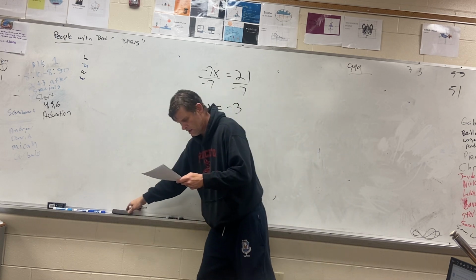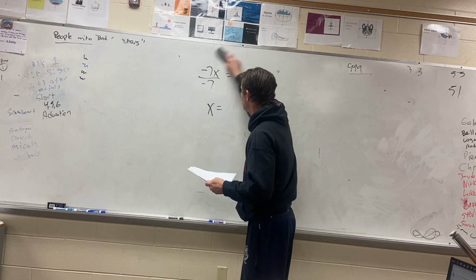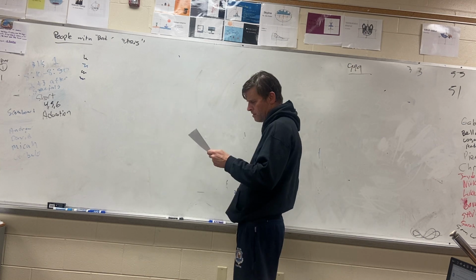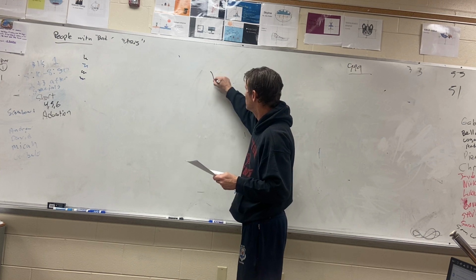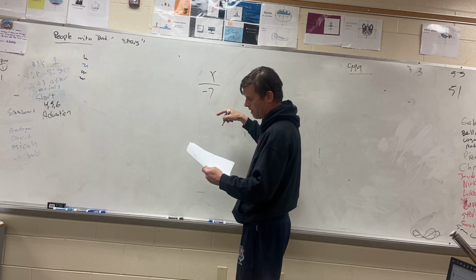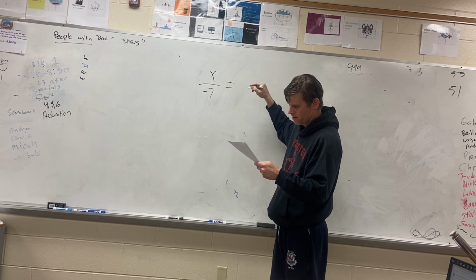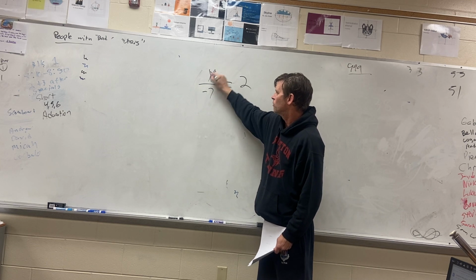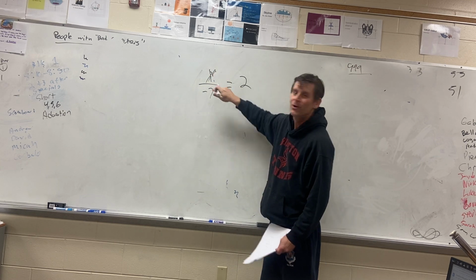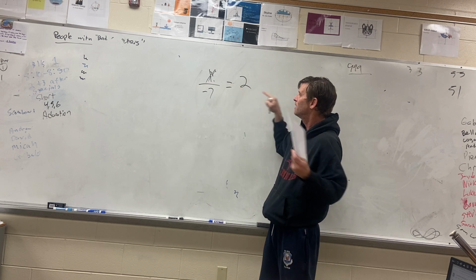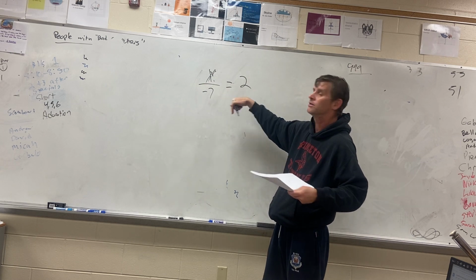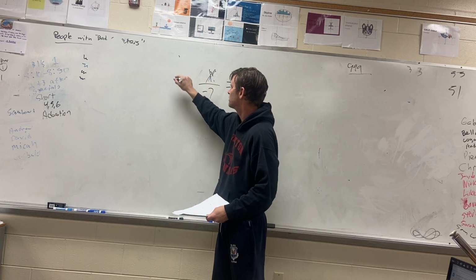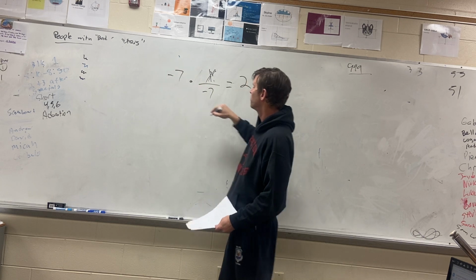Okay? The second one is almost exactly the same. It's x over negative 7, which means divided by, that equals 2. Once upon a time, there was an x. He was divided by negative 7, so to undo dividing by negative 7, we multiply both sides.